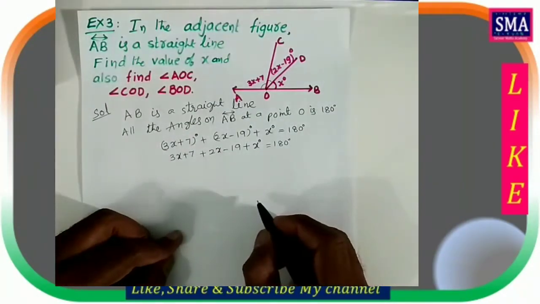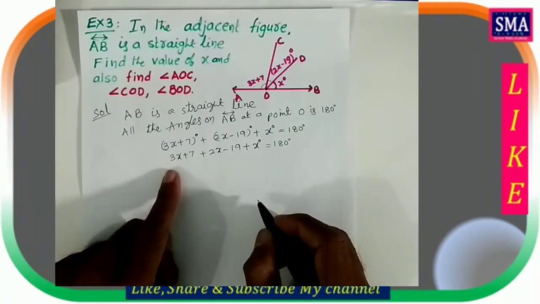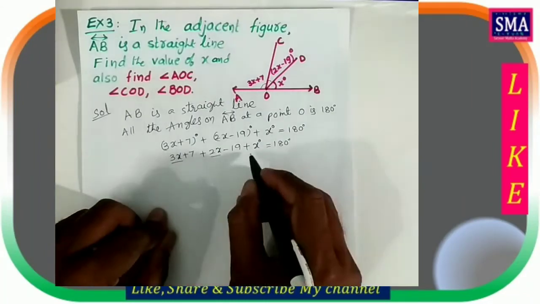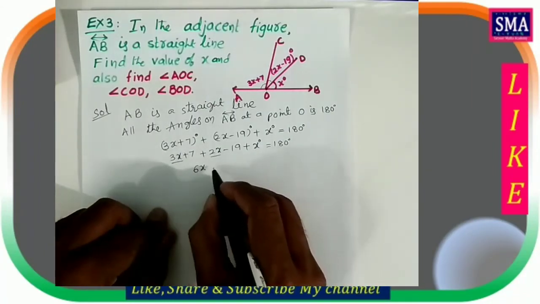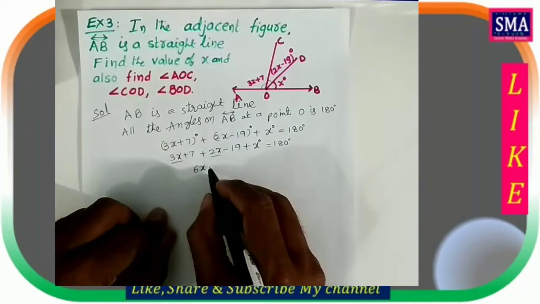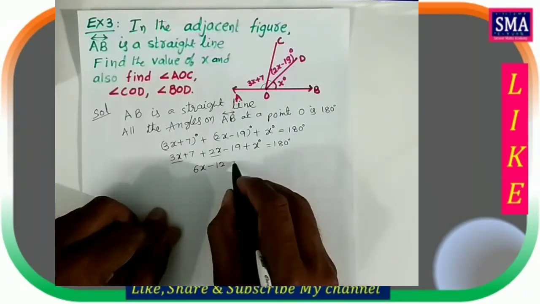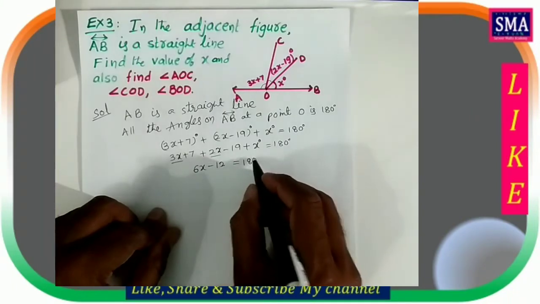This is a linear equation in one variable, only one variable, x. So the sum of the variable terms 3x, 2x, x, total is 6x, and the constants plus 7 minus 19, their sum is equal to minus 12 degrees, equal to 180 degrees.